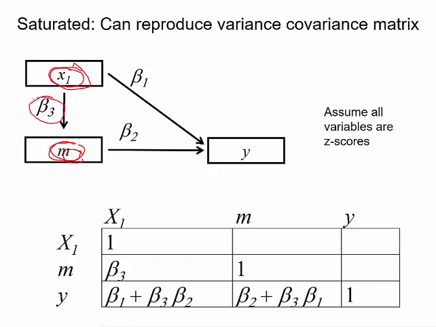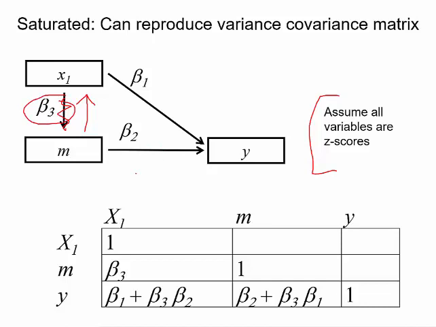So for this beta 3, if everything was turned to z-scores prior to analysis, that beta weight will be the same regardless of whether the arrow points from x1 to m, or if I scribbled that out and put my arrow going the other direction. I would get the exact same beta weight, because with a single predictor, the beta weight is the same as a correlation, and the correlation is the same regardless of direction. So I could reverse my arrow and get the exact same beta weight.